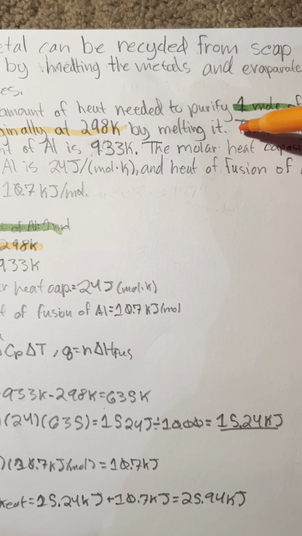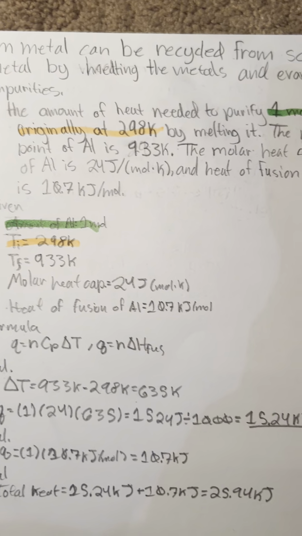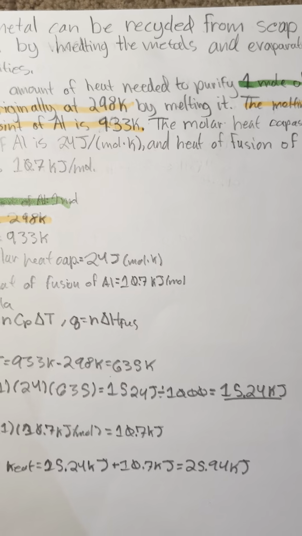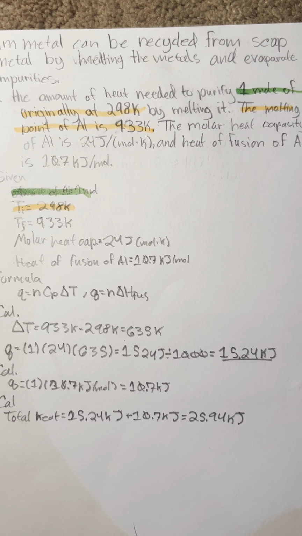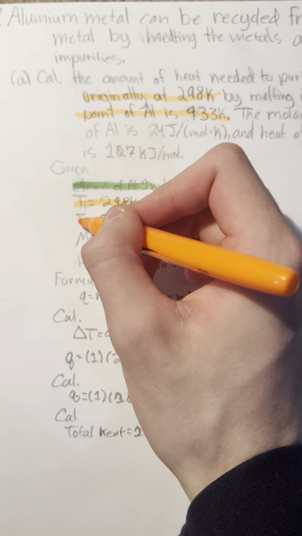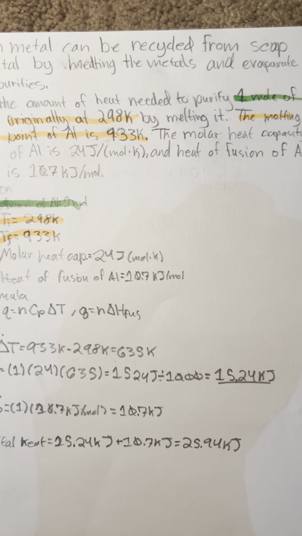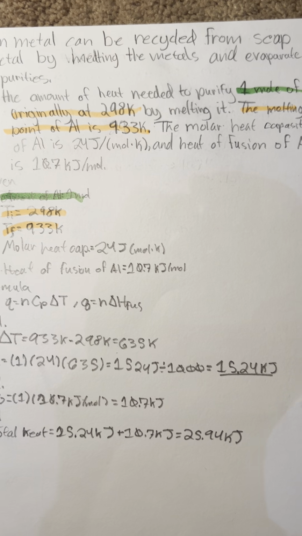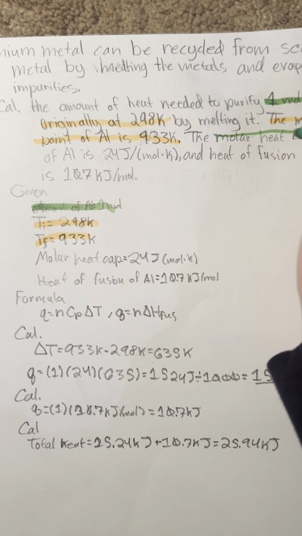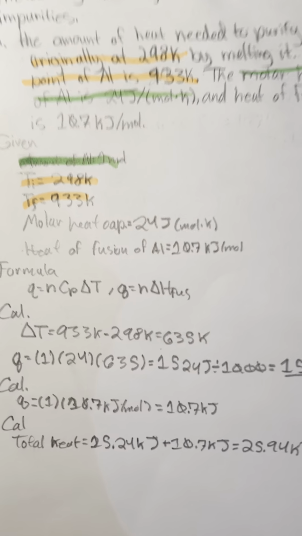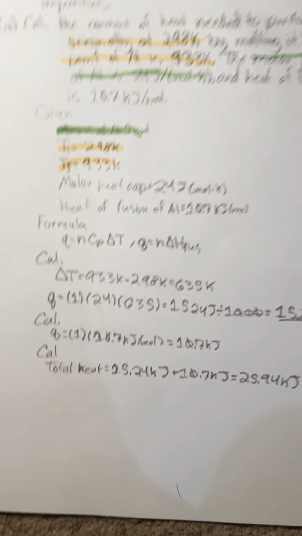Sorry, not final, the melting point. The molar heat capacity of aluminum is given to you. So what I would recommend is don't write down all your givens. You don't need to do that.